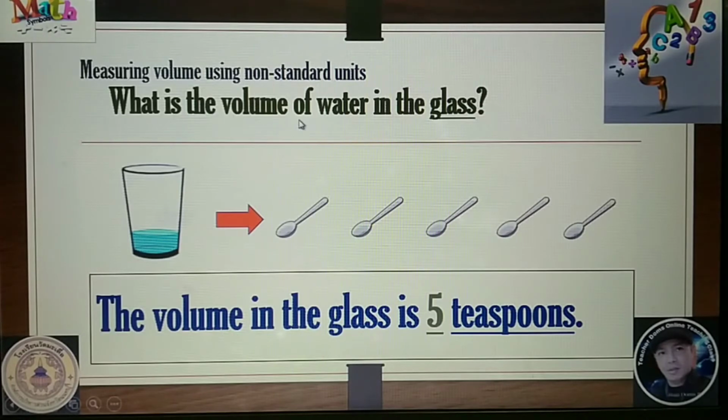What is the volume of water in the glass? The volume in the glass is 5 teaspoons.